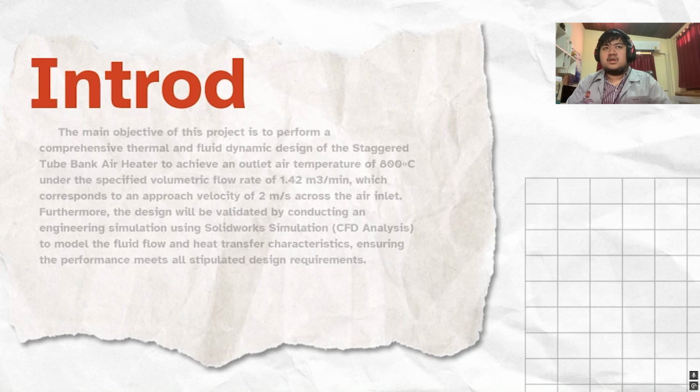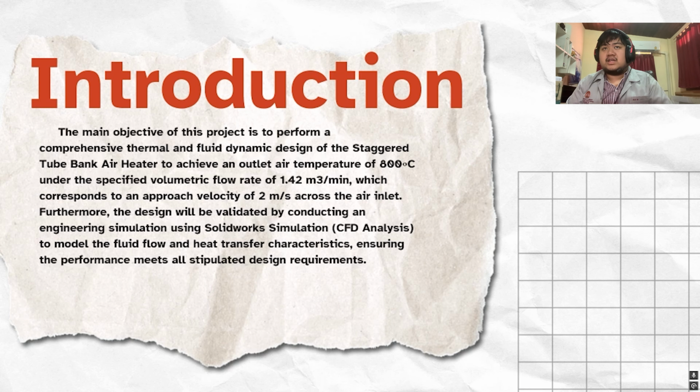The main objective of this project is to perform a comprehensive thermal and fluid dynamic design of the staggered tube bank air heater to achieve an outlet air temperature of 800 Celsius under the specified volumetric flow rate of 1.42 cubic meters per minute, which corresponds to an approach velocity of 2 meters per second across the air inlet.